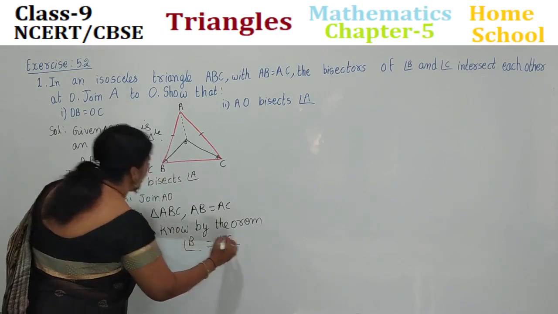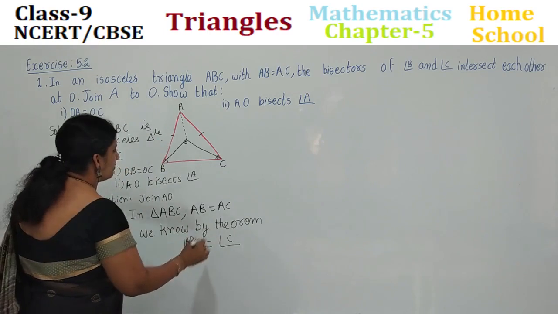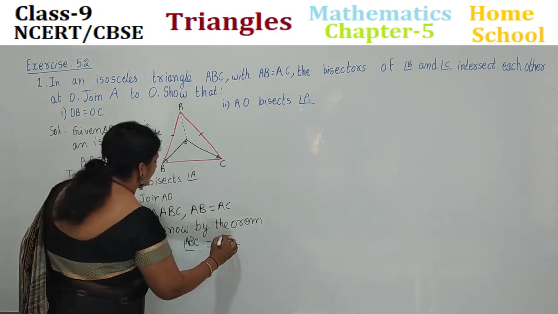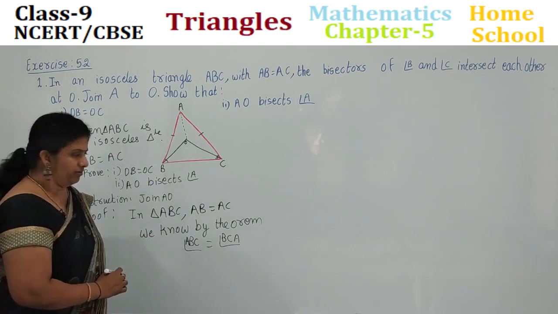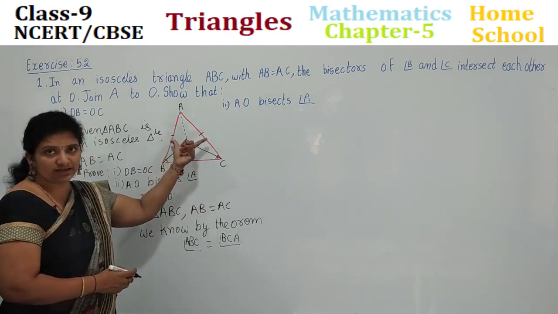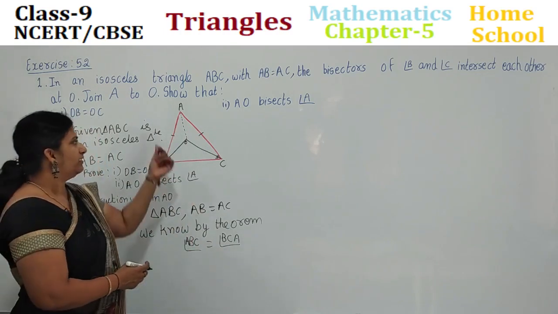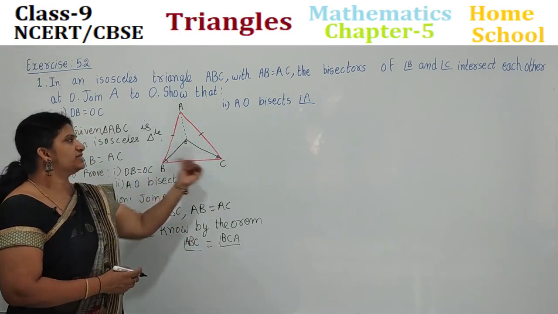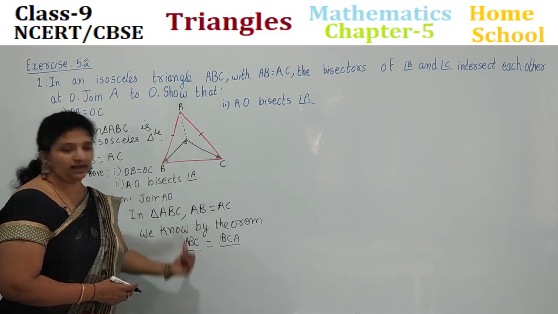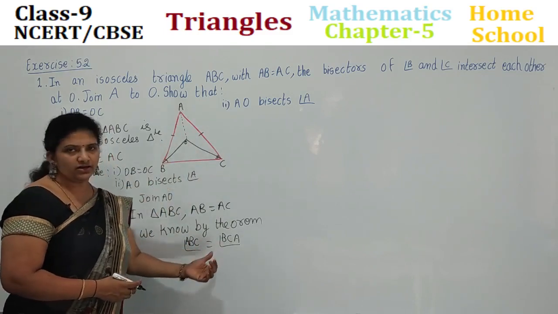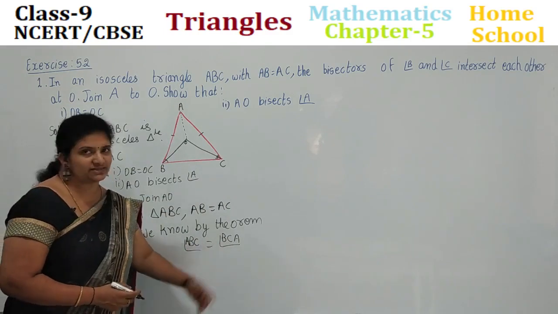Angle B equal to angle C. What is angle B? I write it as angle ABC and angle BCA or ACB you can write, no problem. These two sides are equal, children, then the opposite angles are equal. That means AB side opposite is angle BCA and AC side opposite is angle ABC. Angle ABC is equal to angle BCA.